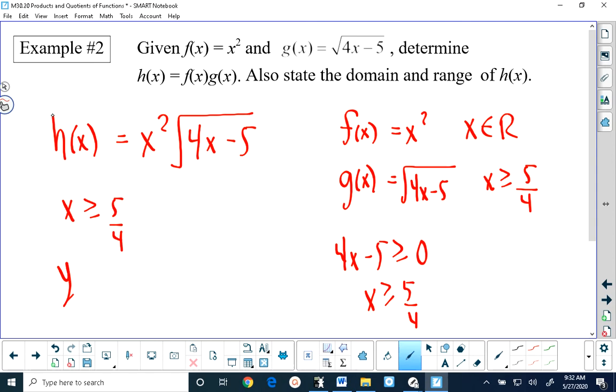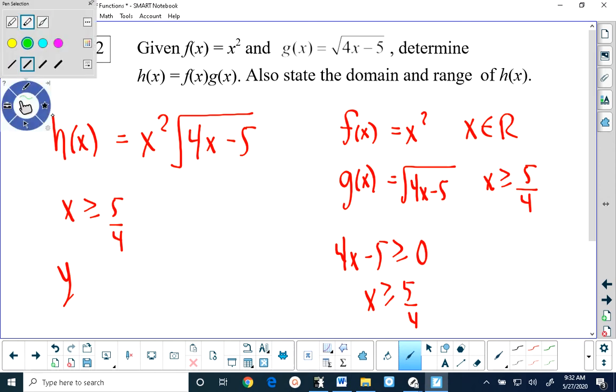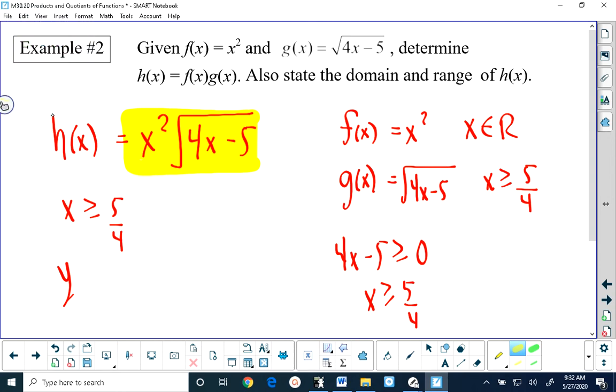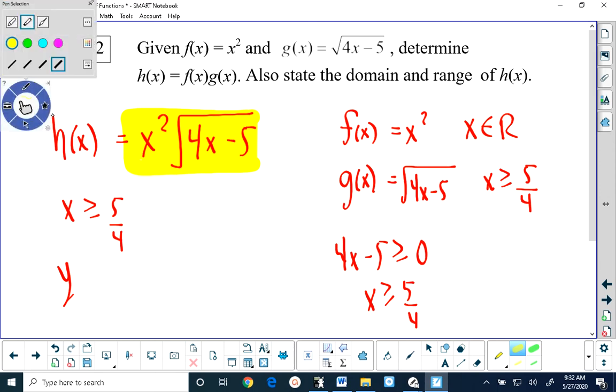The range, normally I would say to you, you're just going to graph this. But when you take a look at how we calculate y using this, well, when you square x, you will always get a positive number. And the principal square root of a quantity is always positive. And what that means is that if you were to graph this, you would discover that y is always greater than or equal to 0.